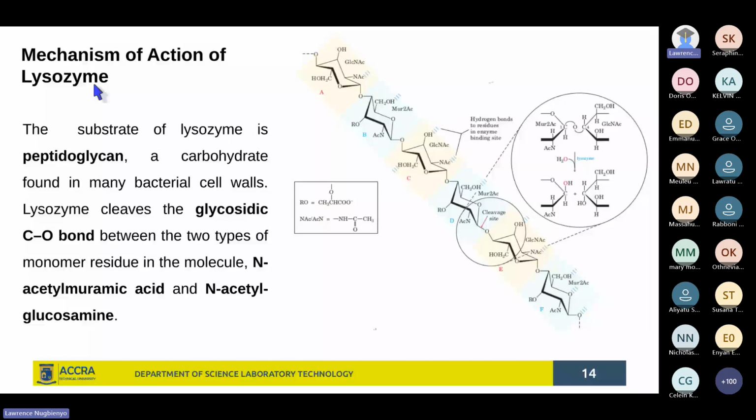So in some antibiotics or some bactericidal agents, lysozymes break down the glycosidic bonds that are found between the monomers that come together to form the cell wall of bacteria.